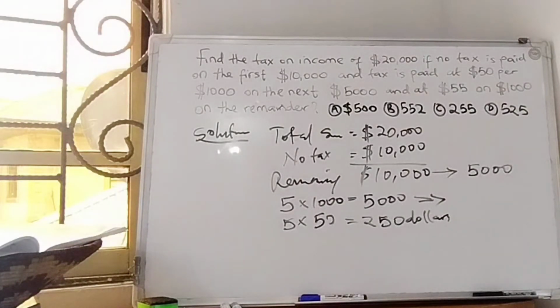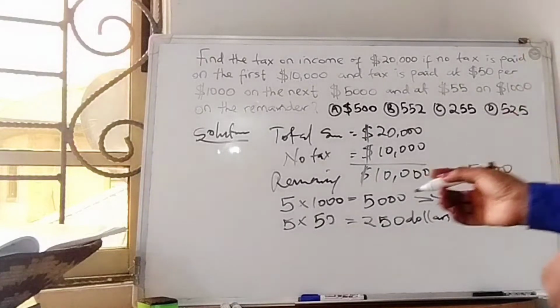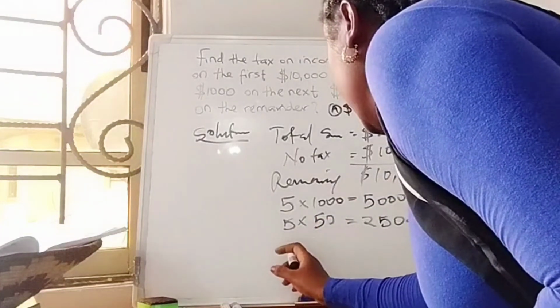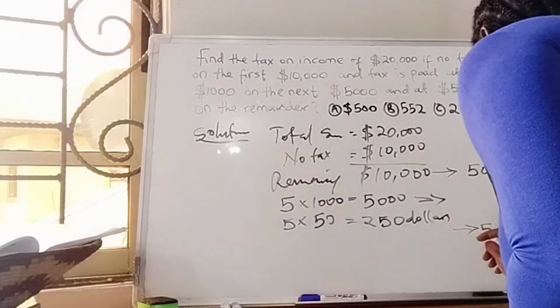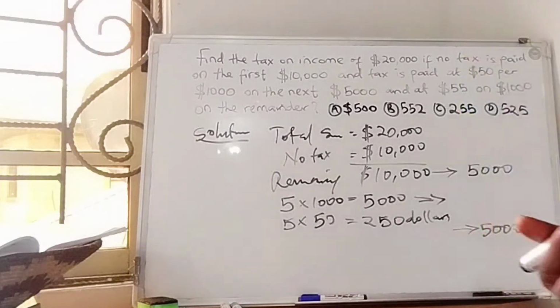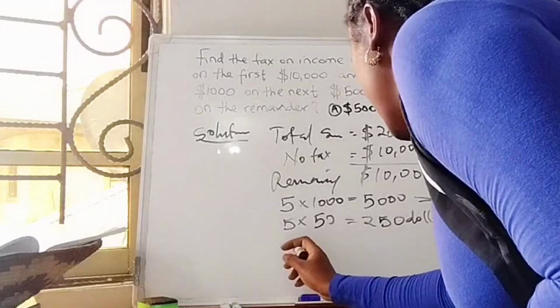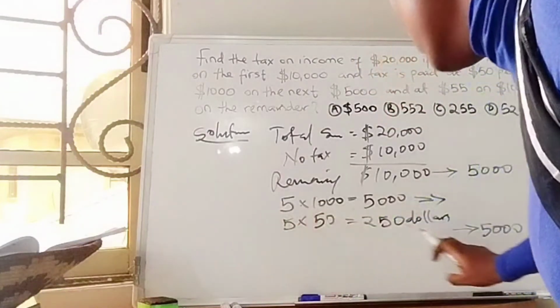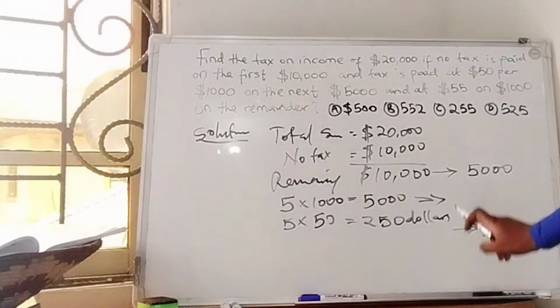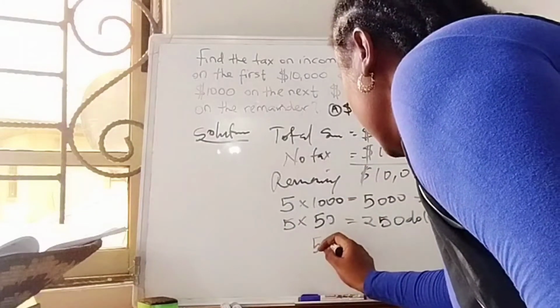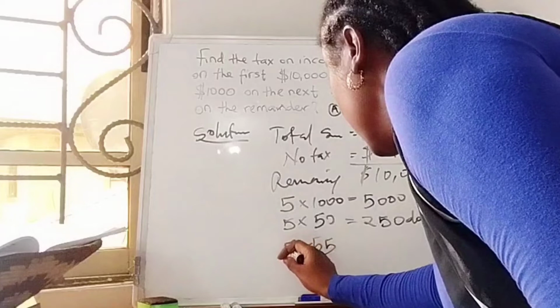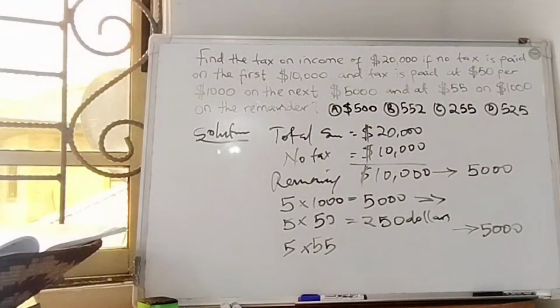Now for the second part of the tax they were asked to pay, the second part is what? 5,000. It remained 5,000, right? And we also know that we have 5 1,000s there as well. But we know we paid what? $55 per 1,000.